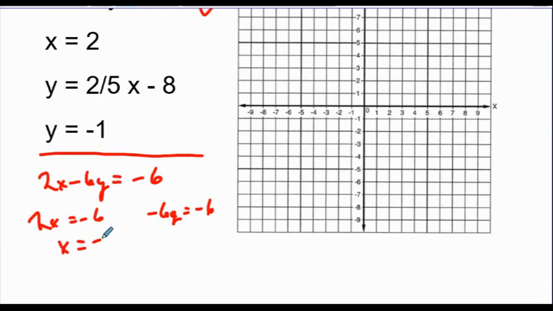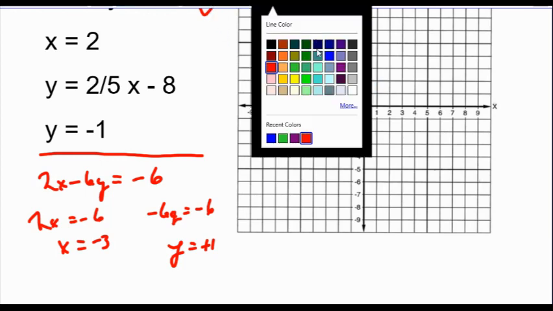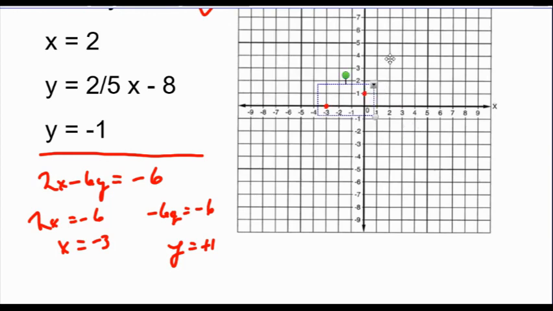So x is -3, y is +1. Okay. x -3, y +1. Let's draw that line. Good, get the right color. So that was the hardest of these ones, I think.